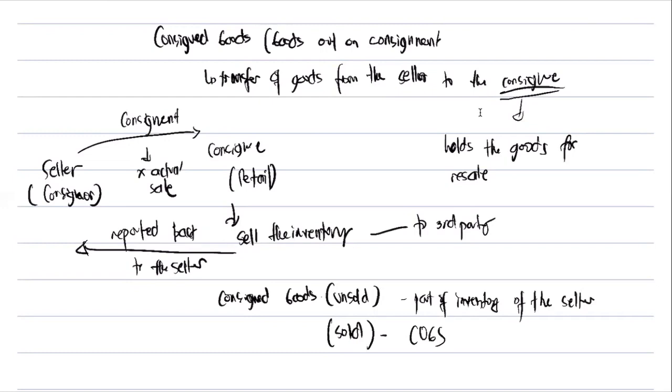Okay, so take note, the goods are owned by the seller or the consignor. Therefore, it is not part of the inventory of the consignee. So if ever you are given a problem and the problem says that included in the inventory are goods held for consignment, so you are the consignee. Do not include that.